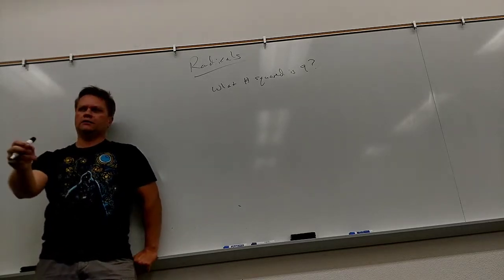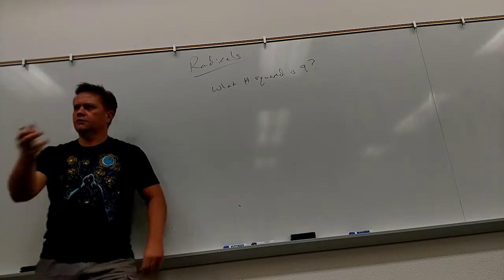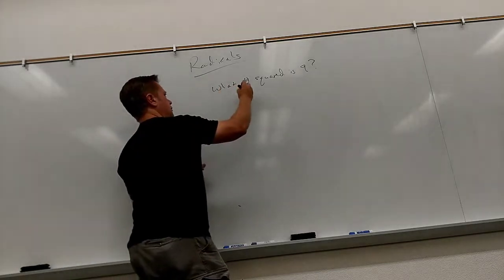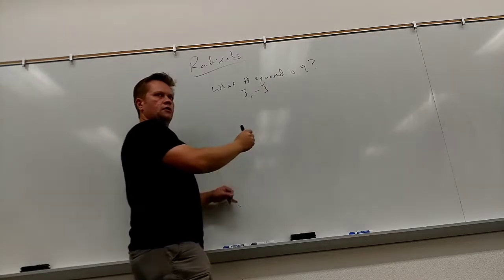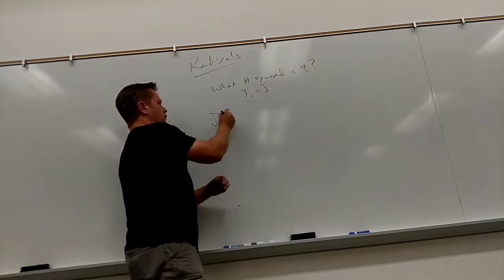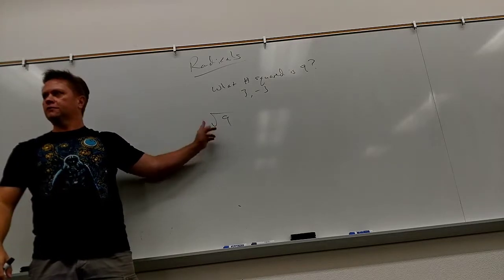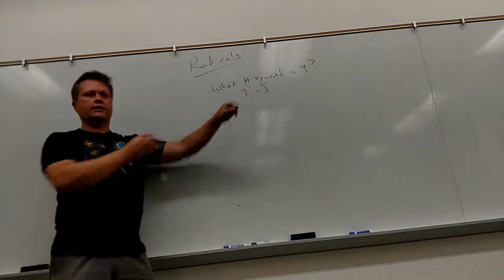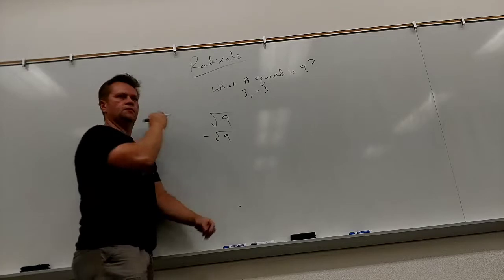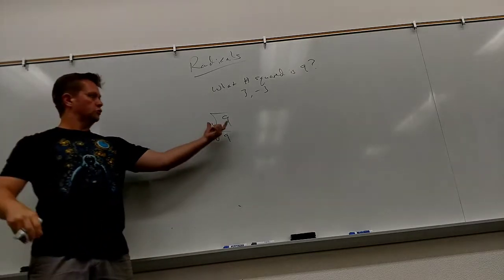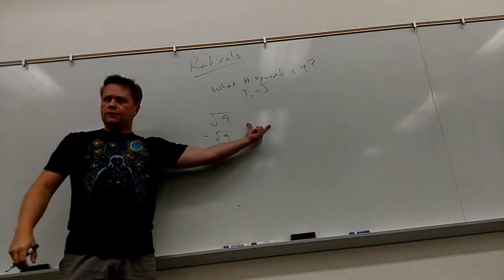We have a positive root and a negative root. There's 3 and negative 3. So when I ask you what's the square root of 9, I'm specifically asking you for the positive root. If I wanted the negative root, I have to say what's the negative root of 9. So square roots are always going to be positive.